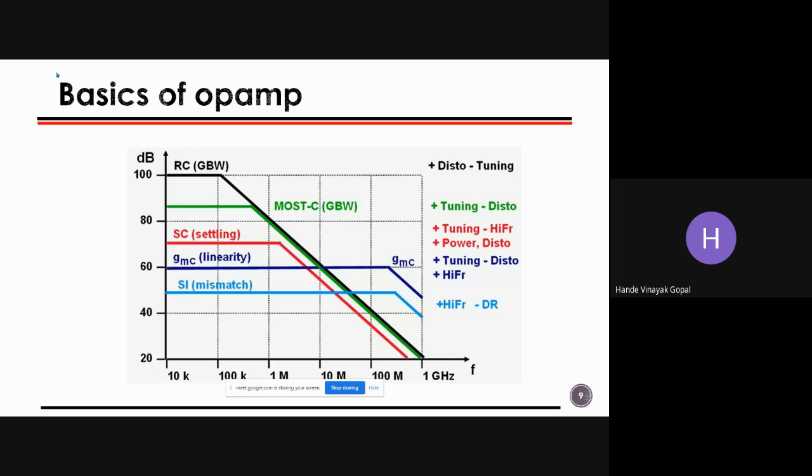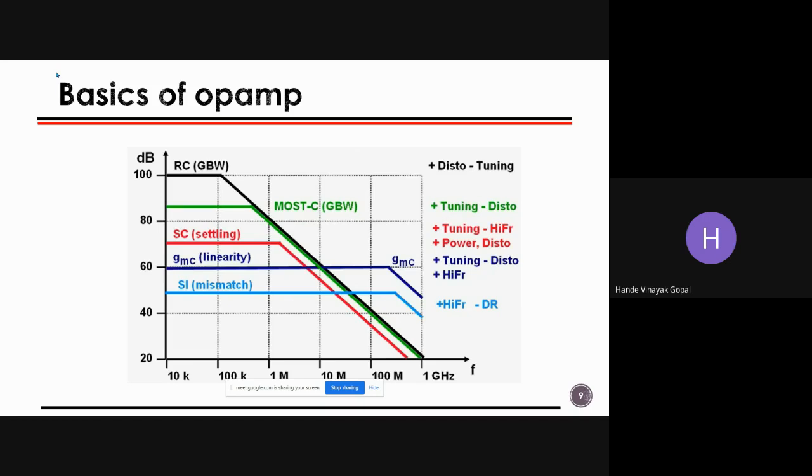If I'm using an active RC filter, you will get a very good gain bandwidth, I mean a very high low frequency gain. Apart from that, distortion and tuning ratio are very high.